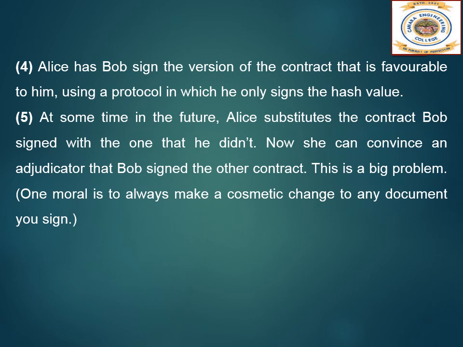Then the hash values would not match, as Bob had already made changes and then signed that document. So she could not prove that Bob had signed the document which was favorable to Alice.